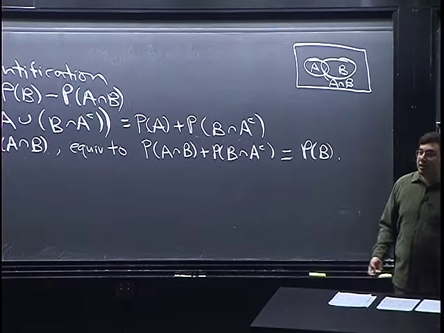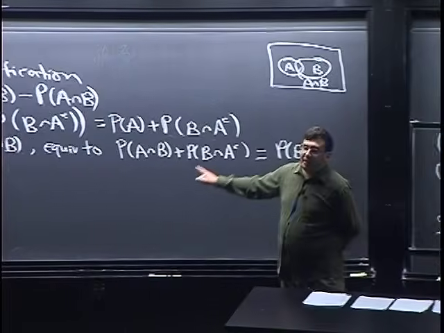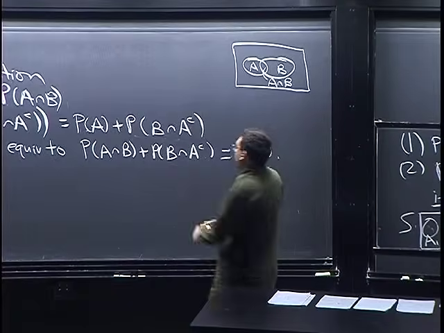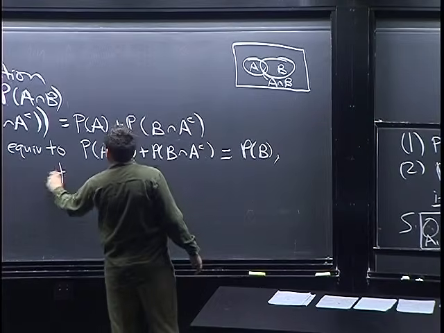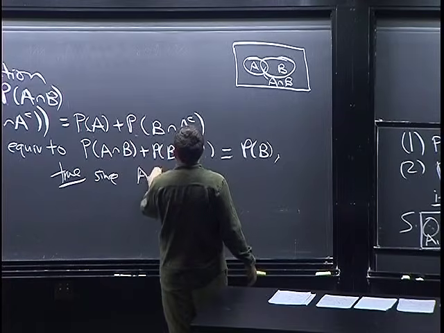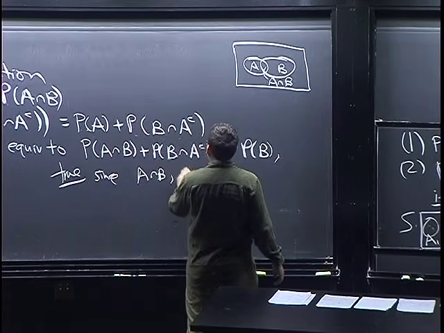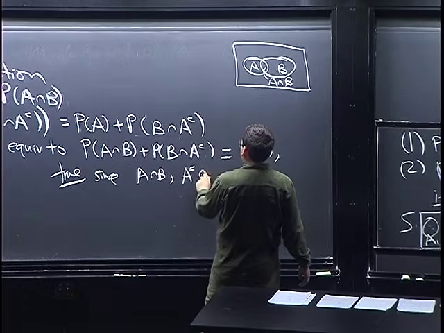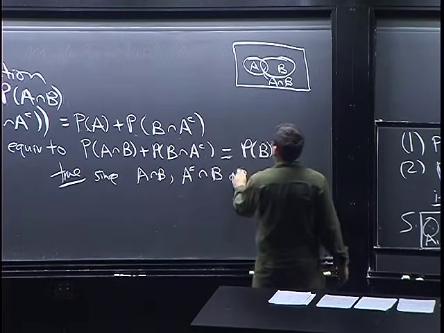Well, yes, it is. This is true. It's immediate by axiom 2, because A intersect B and A complement intersect B are disjoint.